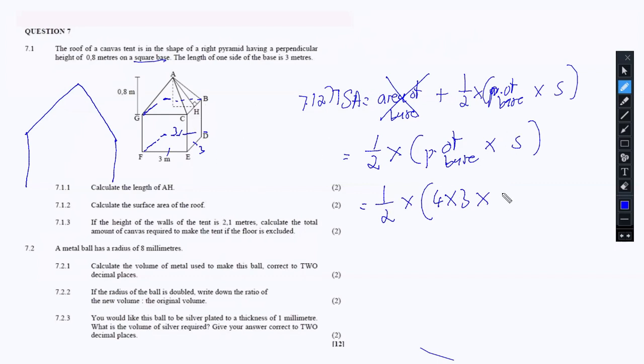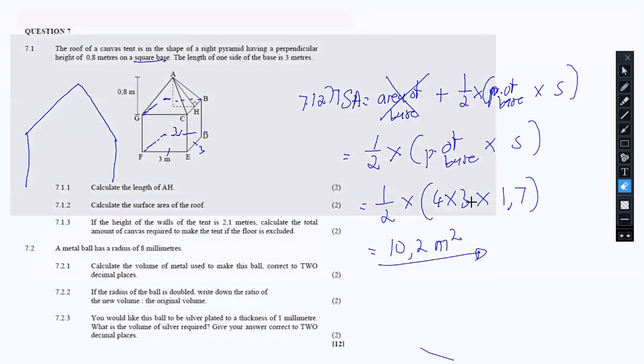I did calculate it's 1.7. So when you punch all that into your calculator, you get 10.2 meter square. So it is very, very crucial that you understand how removing some of the parts here actually affects your formulas for the surface area.